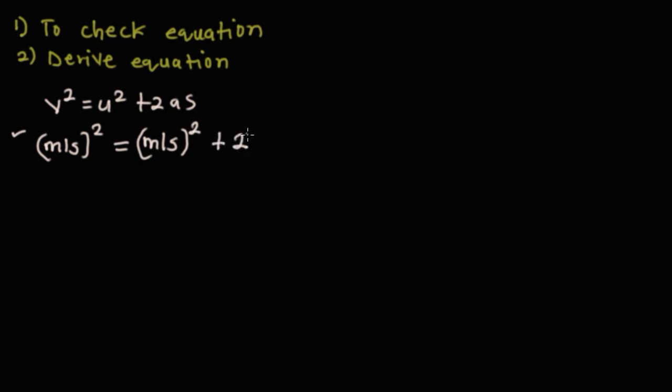Take note, in dimension, a number is dimensionless. Multiplied by acceleration, its SI unit is meter per second squared, times 2as. This s represents distance, which is meter.